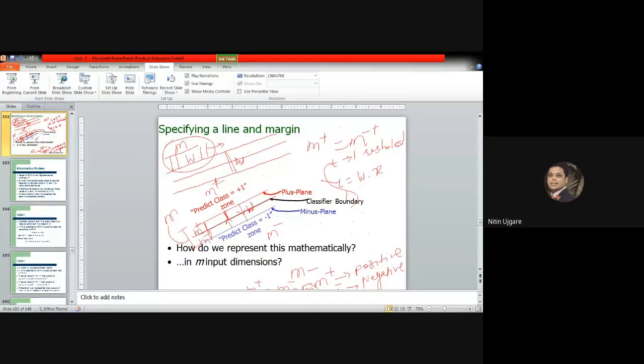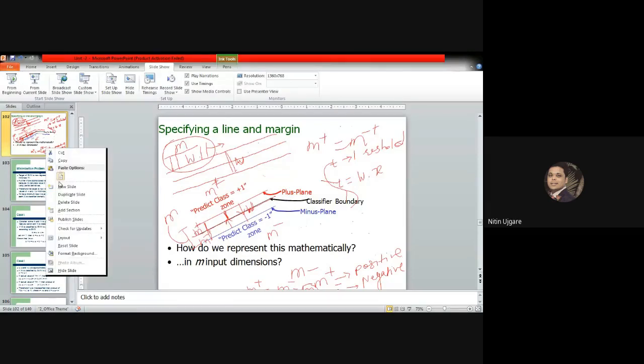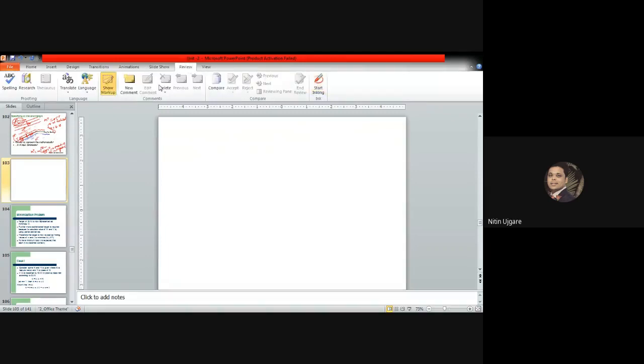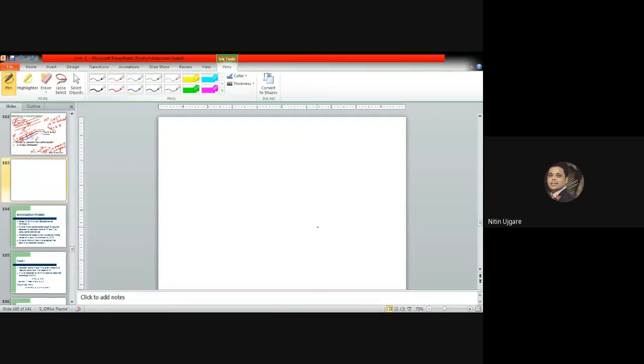Okay, so for example, let me take the next slide, which is blank. Suppose the value of t is 0.5. Then we'll calculate the value of xi and ti. Let's say that in x we have 3 instances, x1, x2 and x3.